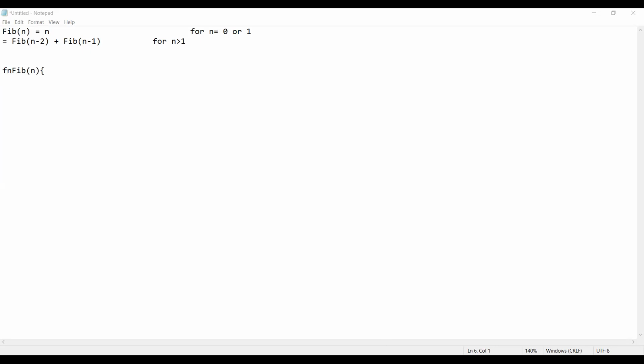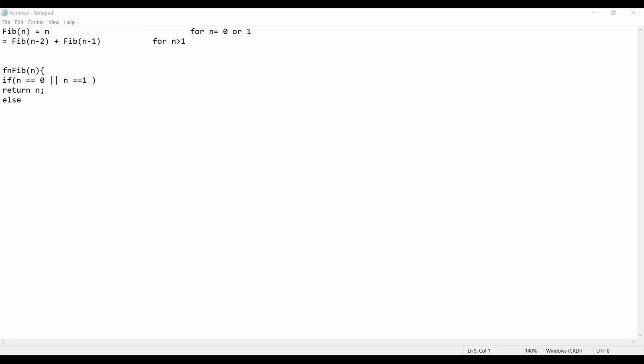Okay, now here at first we have to check the base criteria, that is if n equal to 0 or n equal to 1, then in this case, according to the rule, it will return n. If any one part matches, then it will return n. So this is the base criteria. Otherwise we have to consider the else block.